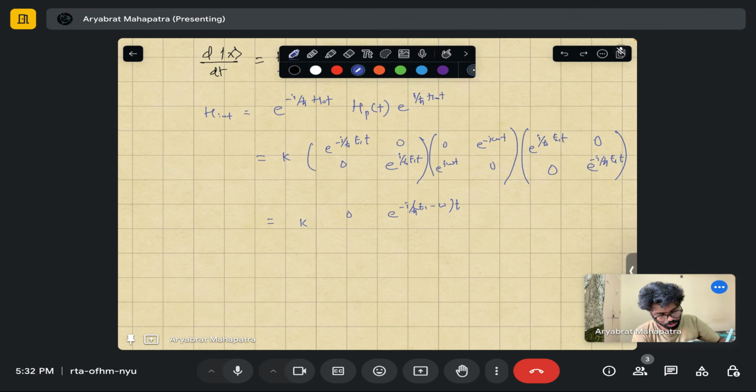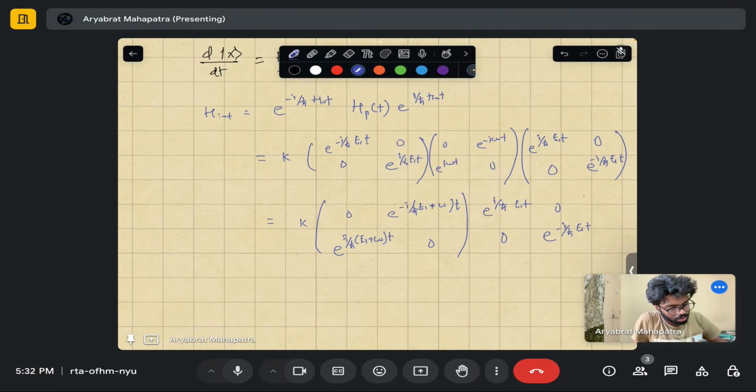This one is 0. This is exponential i/ħ E1 plus omega t, 0. Then exponential i/ħ E1 t.